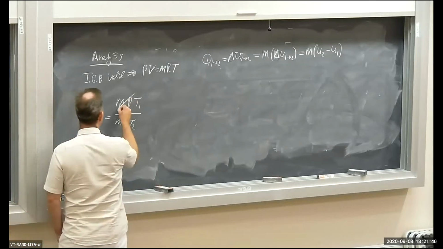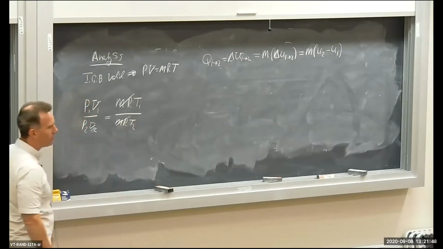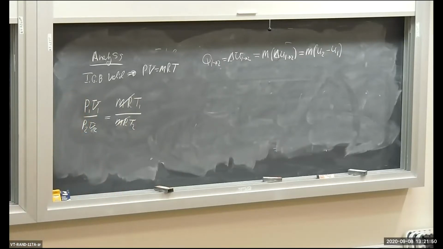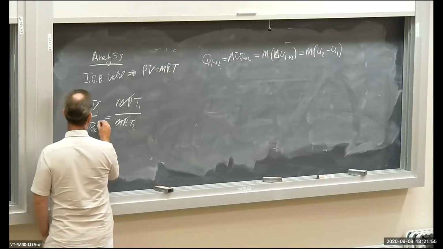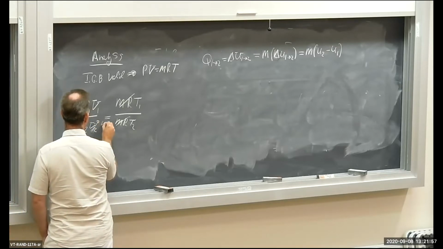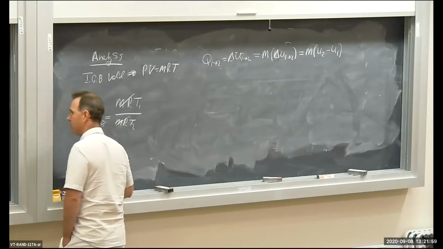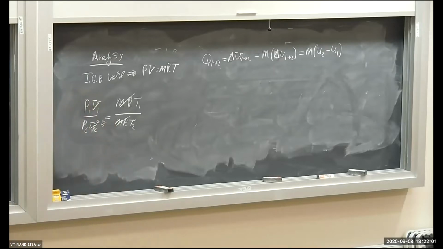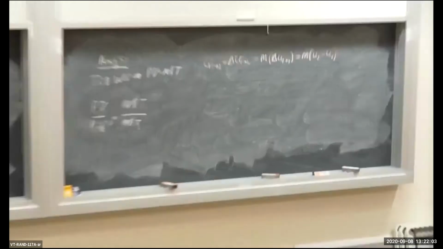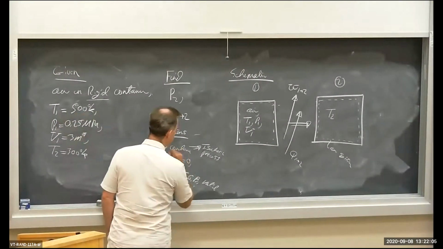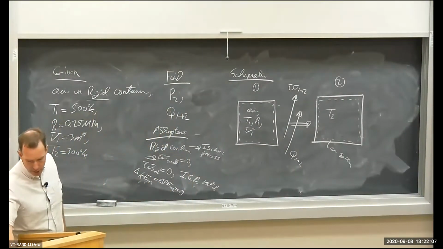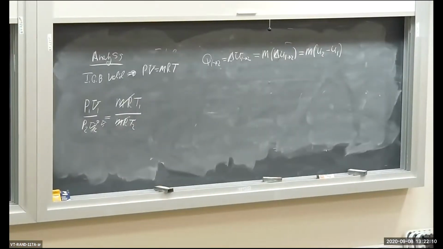The m and the R can be canceled out. They're constants, the gas constant for air and the mass of the air. Also, the volumes are the same. V2 is equal to V1. Why? Because it's an isochoric process, rigid container. So we can cancel out the volumes.